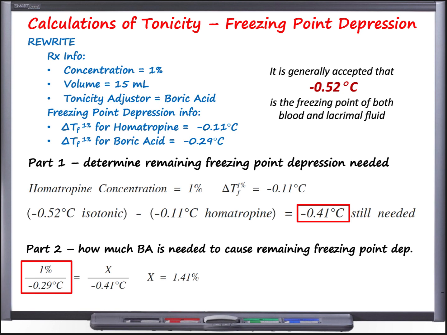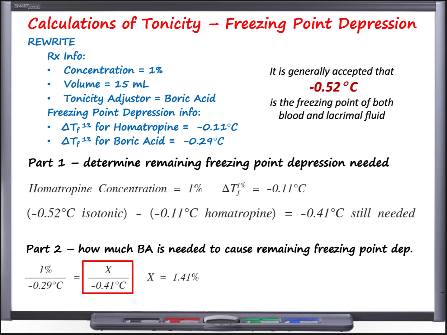Okay? Now, what we can set that equal to is, we don't know how much boric acid we need. That's what we're going to solve for. So X on top is the percent boric acid that we need, but what we do know is what's on the bottom. We need the amount of boric acid that will lower the freezing point depression by 0.41 degrees Celsius.